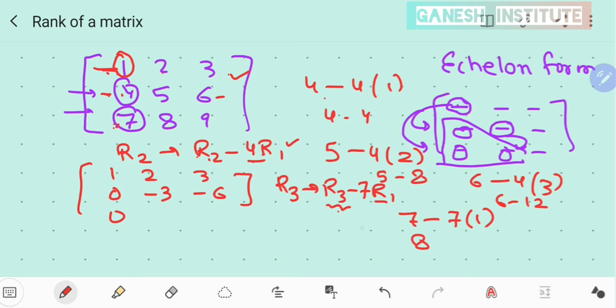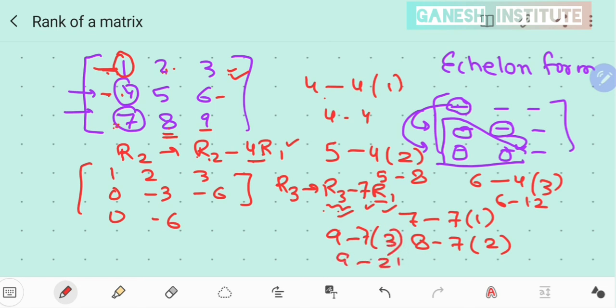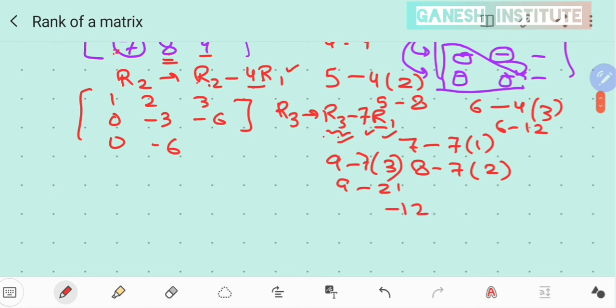Then 8, which is R3, minus 7 times R1, which is 2 for this element, so 8 minus 14 is minus 6. Then R3, which is 9, minus 7 times R1, which is 3, so 9 minus 21 means minus 12, right?